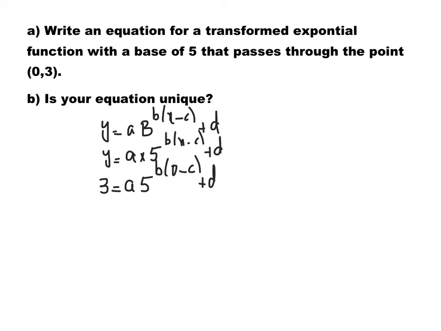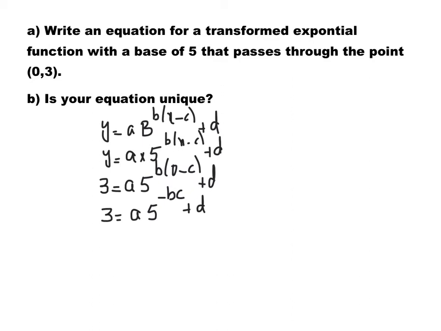If I simplify it, I get 3 is equal to a times 5 exponent negative bc, plus d. Now this is an equation in 4 unknowns, a, b, c, and d, and to uniquely find a solution, I need 4 equations, and I don't have them. This means that the solution I find is not unique.